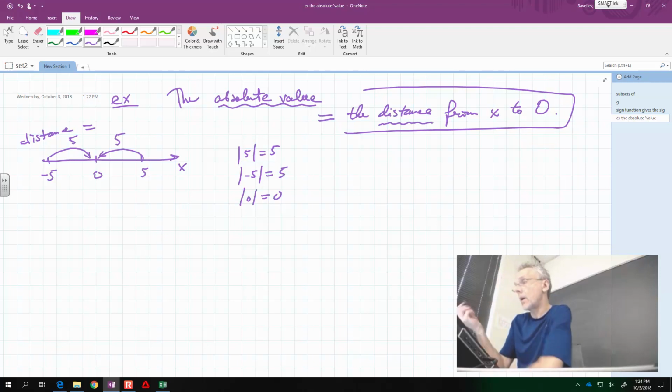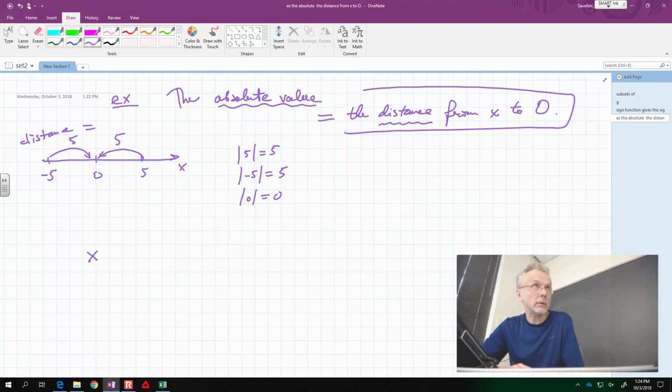Okay, so now I want to have a diagram of how we're going to compute this function. Okay, so x is the input. How many do we have to have, a fork? How many roads or doors?